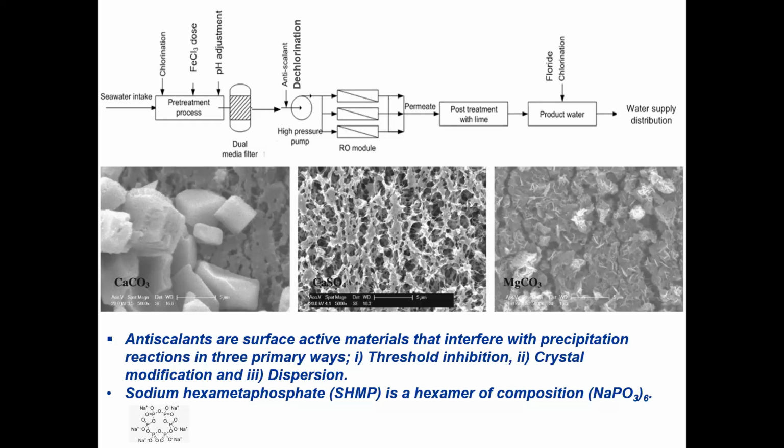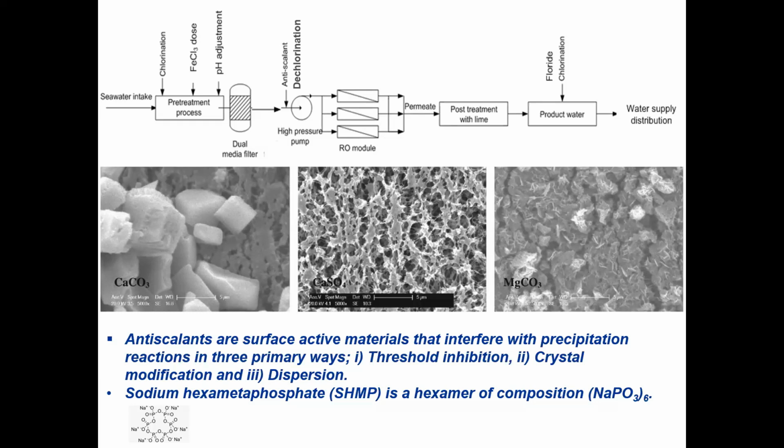So how can we avoid the precipitation of your inorganic scaling? Put in SHMP, or sodium hexametaphosphate, where calcium will combine with the phosphate, and then they are not accumulating on the surface, and are carried to your brine water.